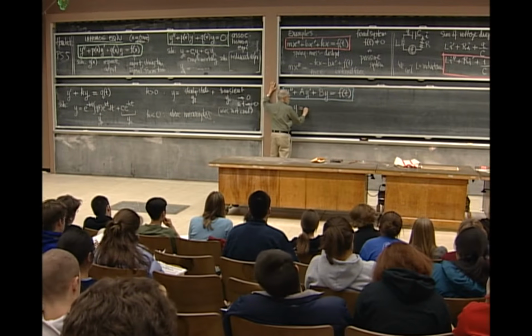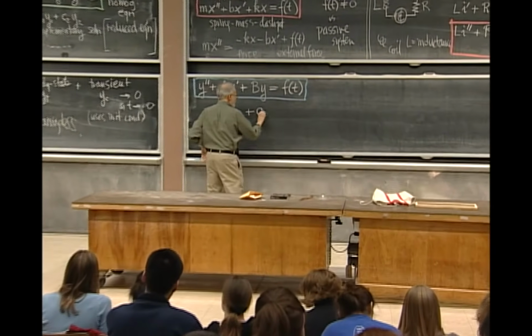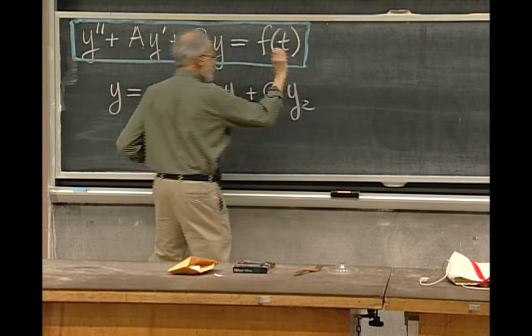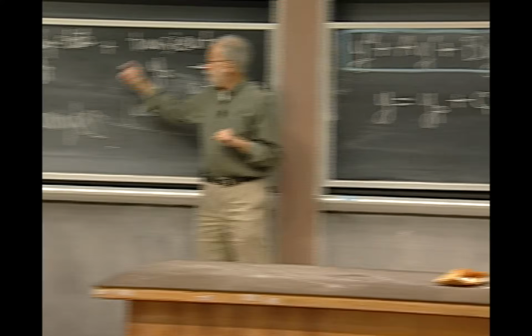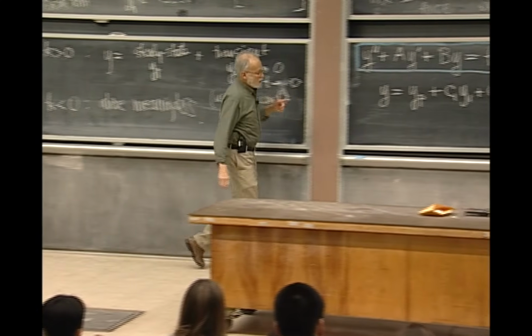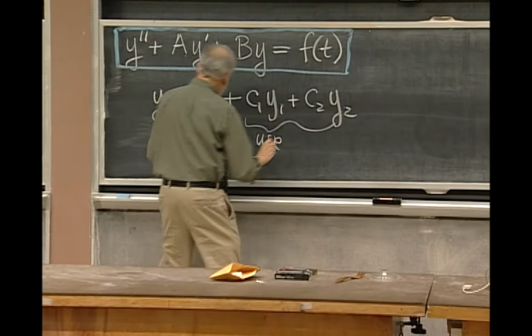The solution looks like y equals a particular solution plus C1 y1 plus C2 y2. Therefore, to make that look like this, the C1 and C2 contain the initial conditions. This part does not.